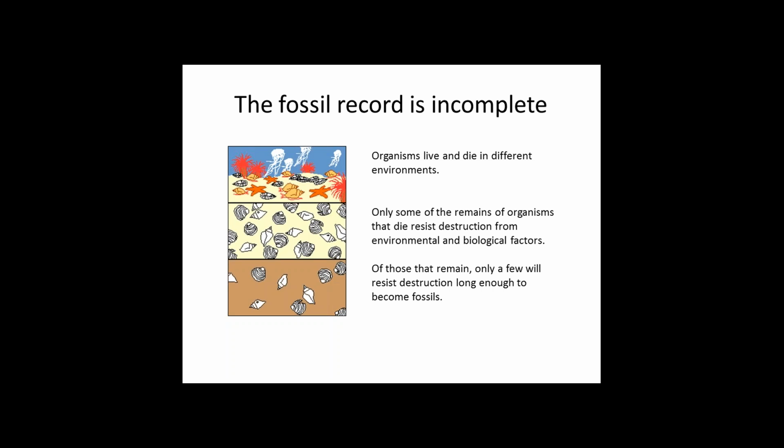So even in the environments of the benthic zone and lakes and different regions like water, like rivers and lagoons and things like that, just because it's a good fossil environment doesn't mean the fossil actually forms. And so with that, there's a bunch of diverse, different types of organisms, different ecosystems, but within those, only a very few amount of the organisms that lived in those places will become fossilized and be part of the fossil record.